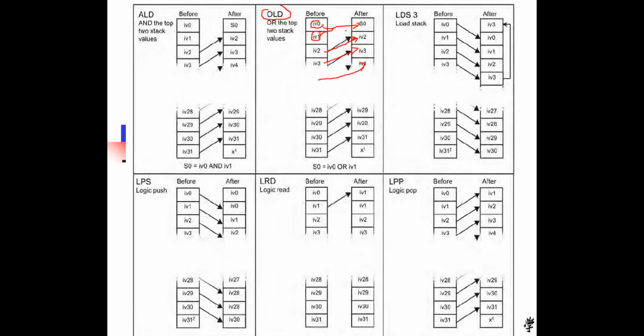Do you know? And ALD is what? ALD is the AND of the top two stack values. It means the top level and the second level values are ANDed. And the result goes to what?